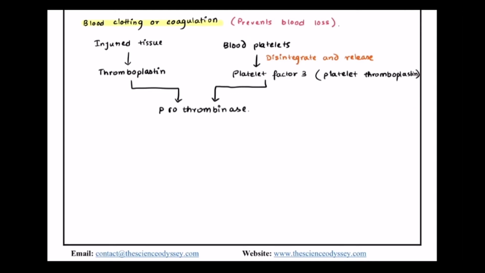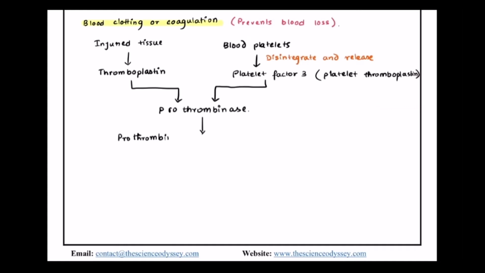Now this prothrombinase is one of the major proteins or one of the major enzymes that needs to be activated, because the prothrombinase in turn would activate a protein which is called prothrombin.